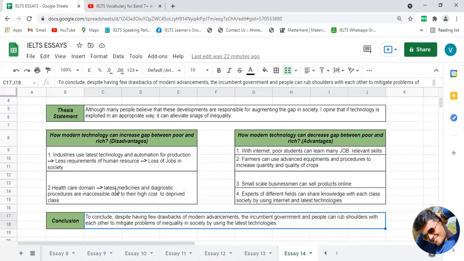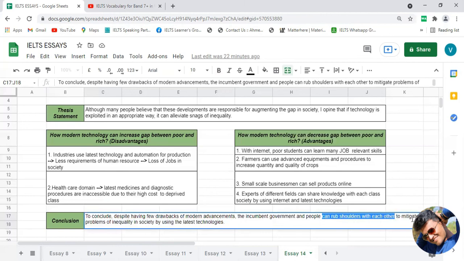Okay, now if I read out the conclusion which I have written by using some advanced vocabulary, then it would be something like this. To conclude, despite having few drawbacks of modern advancement, the incumbent means the existing government and people, can rub shoulders with each other. Rub shoulders with each other means they can work with each other, right?